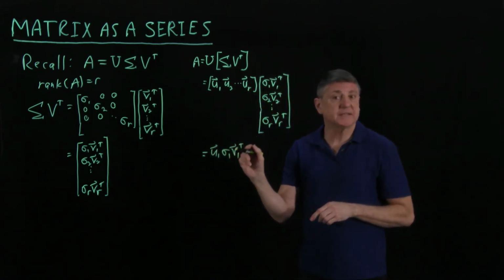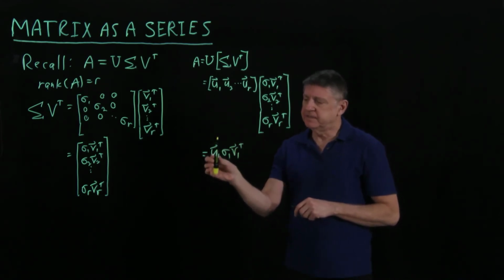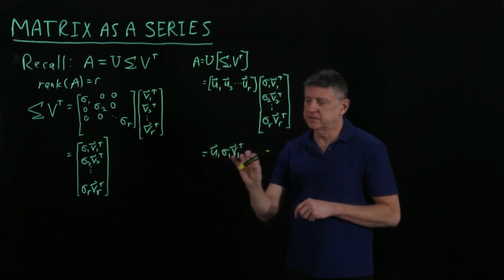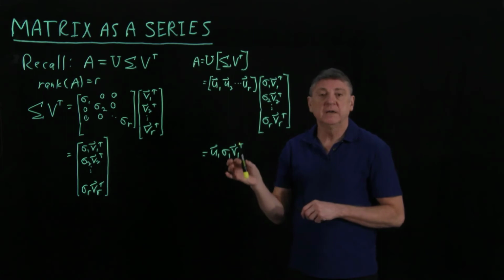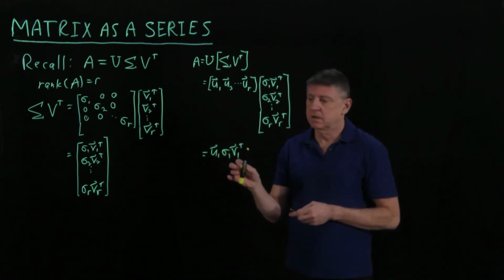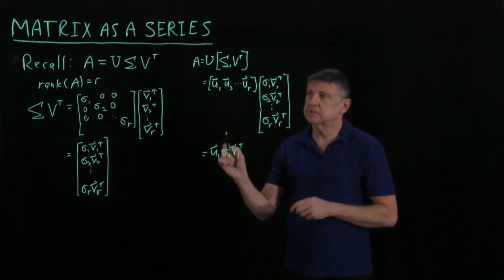And let's observe that that's a matrix. This is a column, and this is a row. So a column times a row is going to be a matrix. It may be rectangular if U and V don't have the same size, but it will be a matrix.